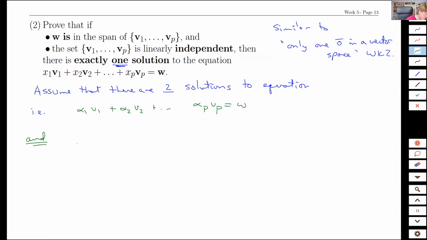If we have a second solution, beta 1 v1 plus beta 2 v2 plus beta p vp equals W, are both solutions.